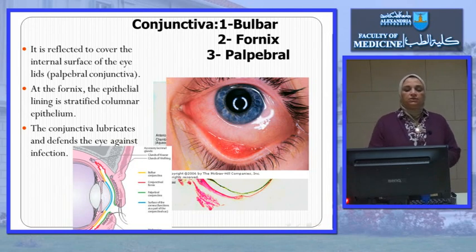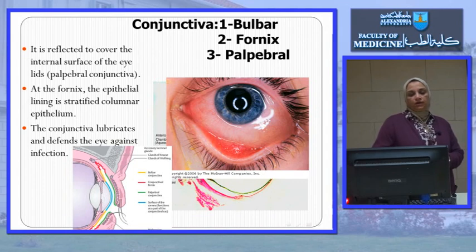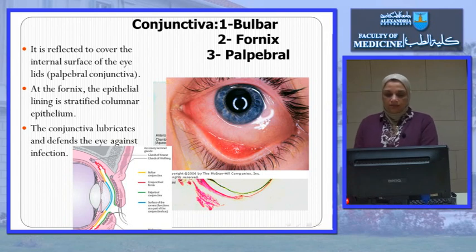The fornix is the junction here, and it is formed of stratified columnar epithelium with goblet cells. So the conjunctiva is reflected to cover the internal surfaces of the eyelids. We call it palpebral conjunctiva. The conjunctiva's main function is to lubricate and defend the eye against infection.